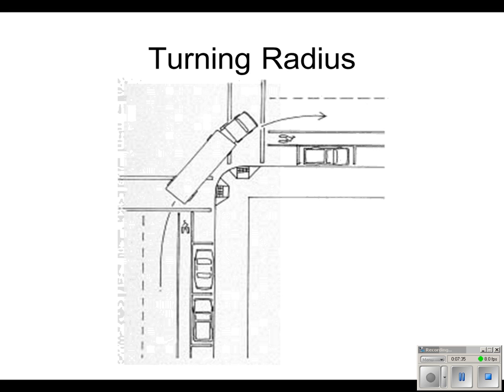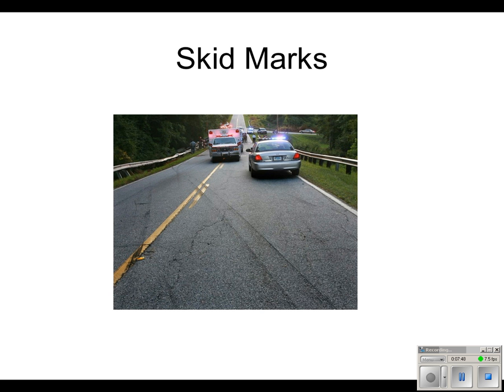So the goal really is to figure out what happened at an accident, when it happened, where it happened, how fast the vehicles were traveling, who was involved, and who was at fault. And this is really done by using skid marks. Skid marks come in lots of different shapes, but it's a mark, as you can see on this pavement here at the scene of this accident, that's left on the road from suddenly braking and the wheels locking.